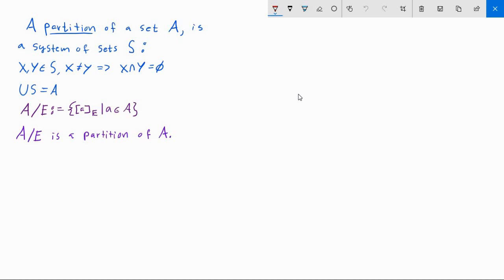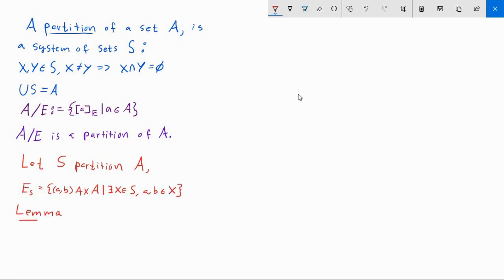To explain what I mean, given a partition S of a set A, we're going to make the definition E sub S, which is going to be the set of all ordered pairs of the Cartesian product of A with itself, such that there exists some set X belonging to S, where a and b both belong to X.